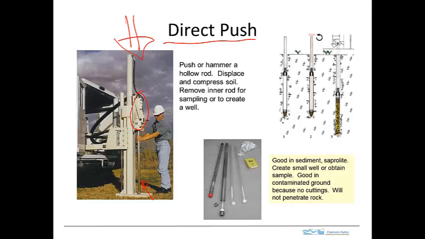You push this thing in the ground, you hammer it, and then you can pull the inner rod out and get a sample from the bottom of the hole. You could, say, pull the inner rod out and drive it down and get a soil sample, or get a water sample.